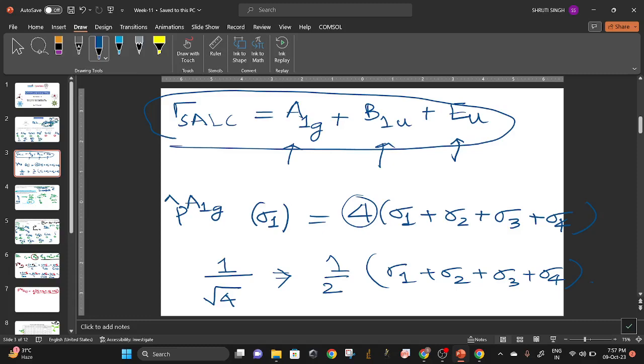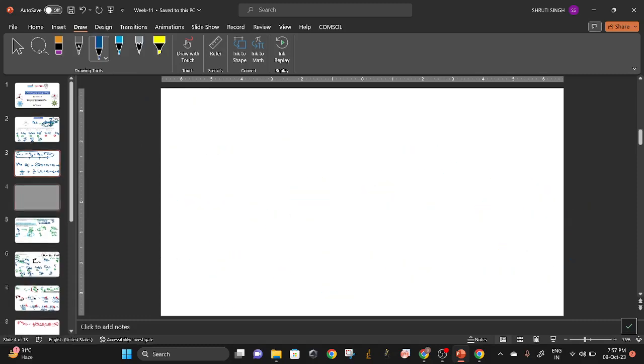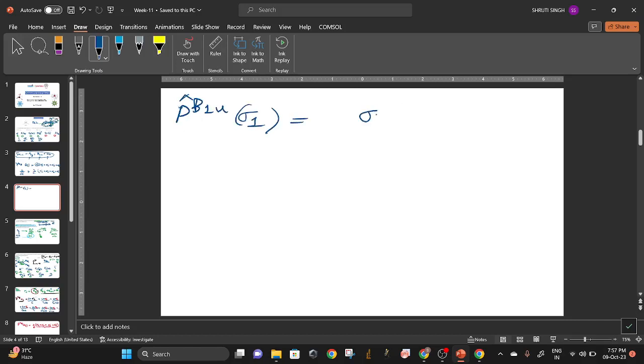Okay, similarly I'll tell you for B1u. When you apply the projection operator B1u on sigma 1, you will get sigma 1 minus sigma 2 plus sigma 3 minus sigma 4, with 1 over 2 normalization constant.